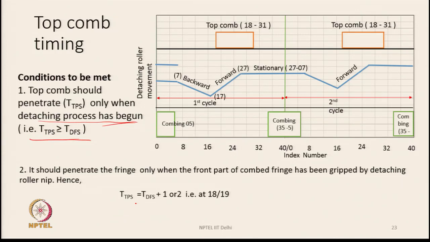So, TDFS is basically 17. So, it will be 17 plus 1 or 17 plus 2. Hence, the timing is either 18 or 19. So, you see the timing of the top comb that we start the action of the top comb on the fringe around 18 or around 19 we can start.